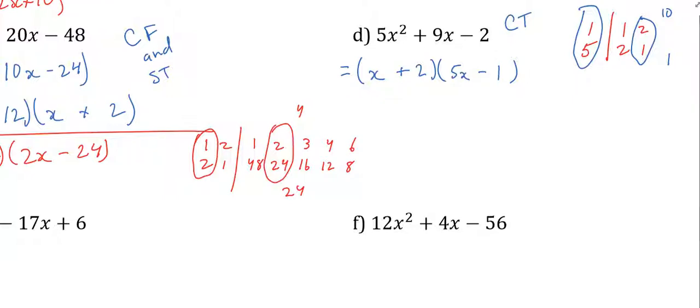The only thing you can do is the brackets don't have to be in that order. 5x minus 1 times x plus 2. That's the only thing that doesn't matter. Which bracket the sign is in matters. Which numbers are where matters, and there's only the one answer there. Keep going.